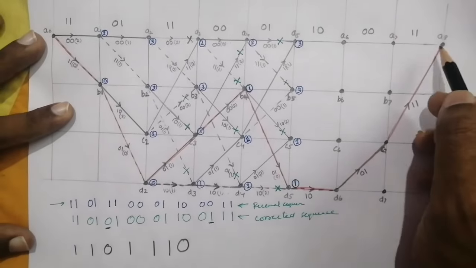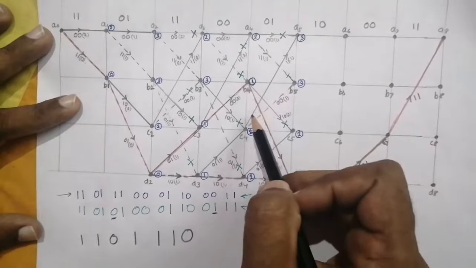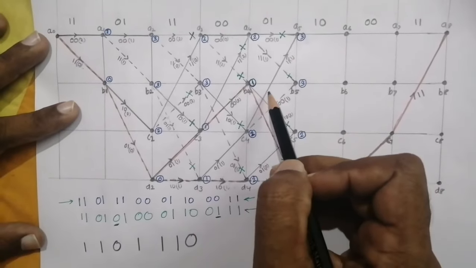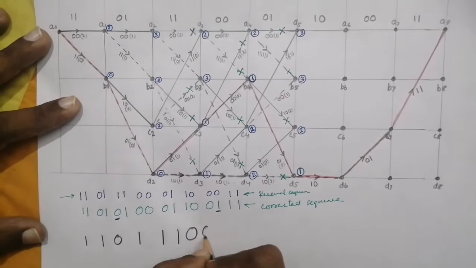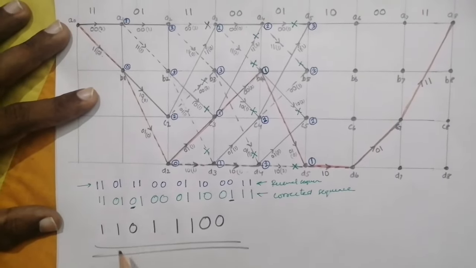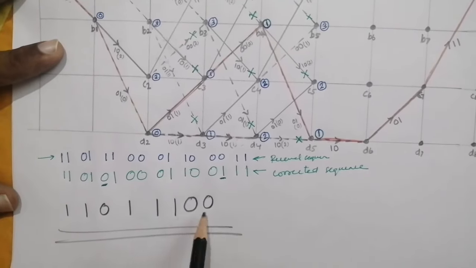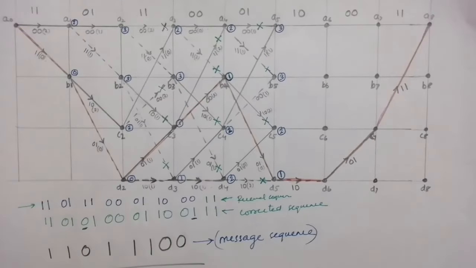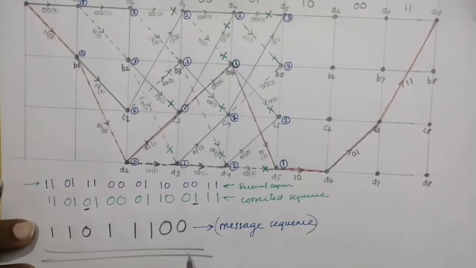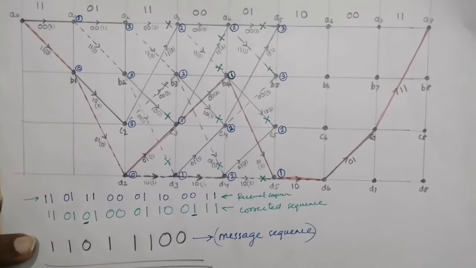Again C7 to A8, C4 to A5 is 0, so this is again 0. So this is the decoded message sequence, that is 1101100. This is the decoded message sequence after using the Viterbi algorithm.